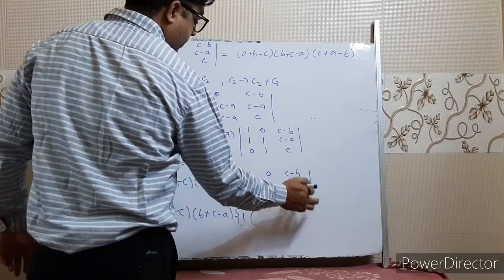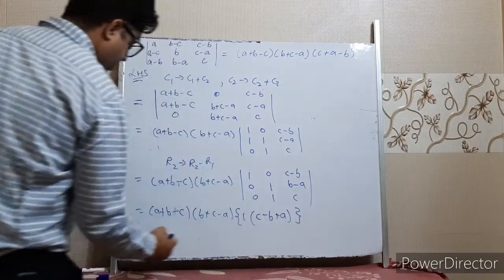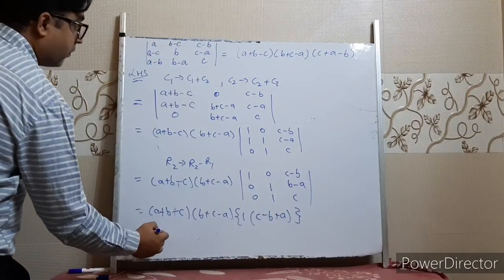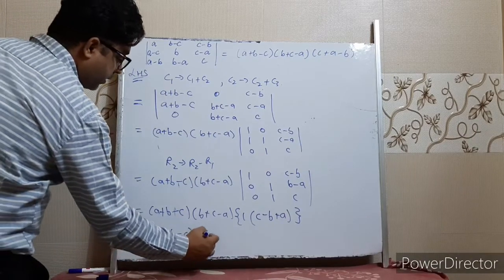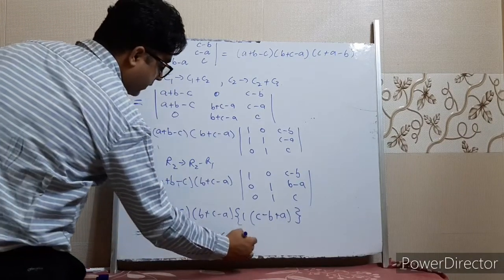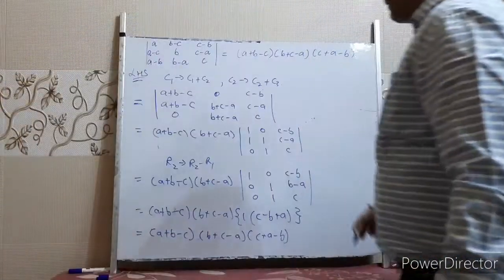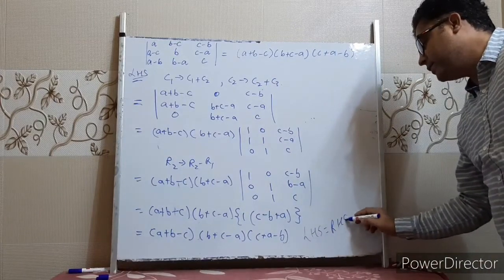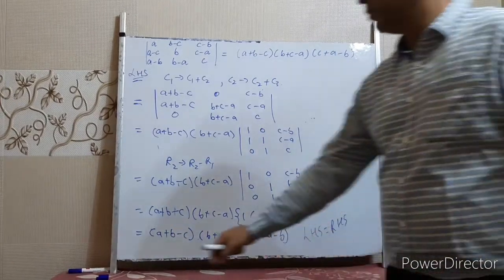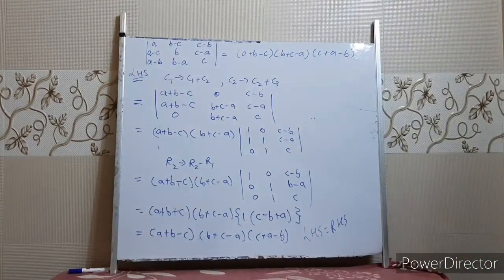C minus B minus A, that will be C minus B plus A. So the result will be A plus B minus C, B plus C minus A, and C plus A minus B, which is the right hand side. So we can say that left hand side and right hand side are equal, hence proved. Right, children? Note down please.